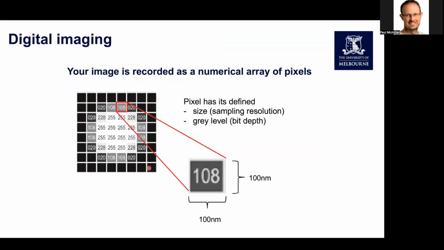So the last few slides that I want to go through, we will discuss digital imaging and some of the important things around pixelation when we're capturing digital images. I mentioned we're seeing an image on the screen, but essentially it's a numerical array of pixels. And each pixel has two key characteristics.